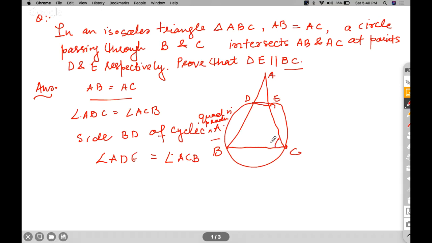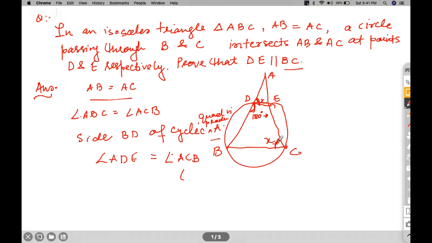Because if this angle is X, this angle is 180 minus X, and so this angle will be X. So in a cyclic quadrilateral, we just proved that theorem that the exterior angle of the opposite angle would be equal to this interior angle. So angle AE is equal to angle ACB, and so this angle and this angle are equal.